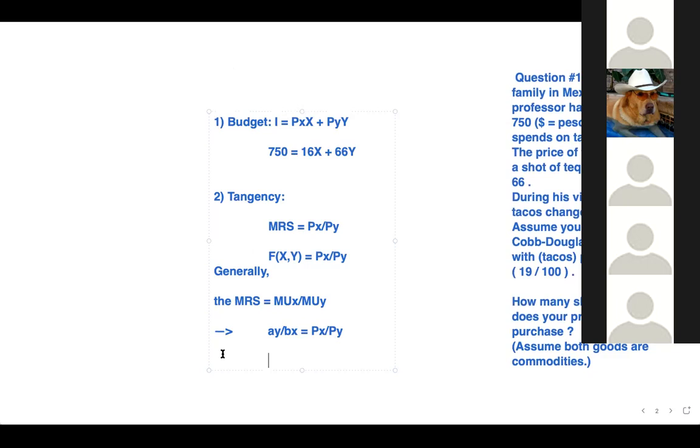Michael? Yeah, so alpha is really just a measure of marginal utility. Well, no, but because we haven't gone through it yet, I'm kind of skipping to the end part.